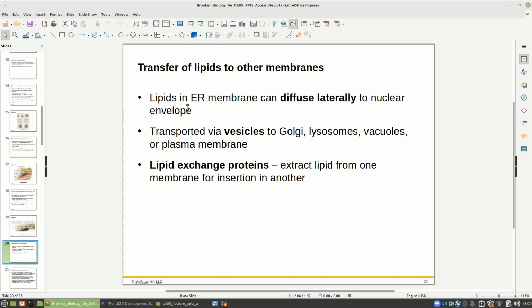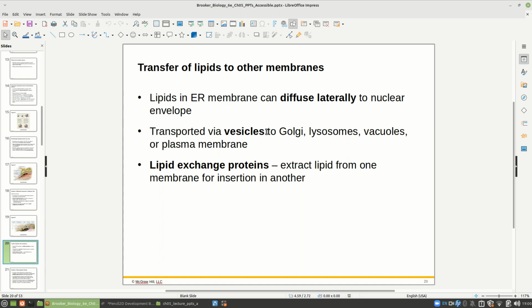Now the lipids in the ER, it's actually like pre-membrane. It's on the way to being part of a membrane of something else. They're made at the ER, and they just float out to the outer part, and merge with the outer membrane. There are vesicles.